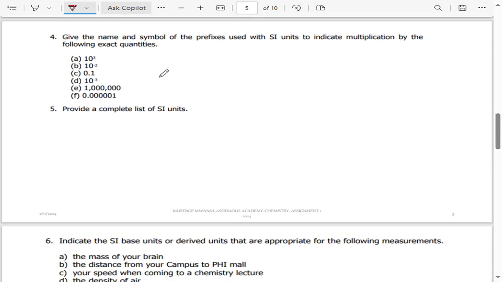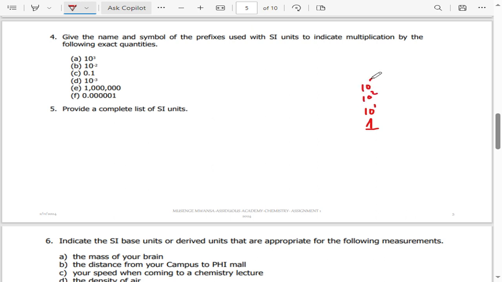Number 4, give the name and symbol of the prefixes used with SI units to indicate multiplication by the following exact quantities. Now, the first thing that you need to understand is this. Let me write a 1 here. When I'll be moving up, so we are going to have 10 to the power positive 1, 10 to the power positive 2.